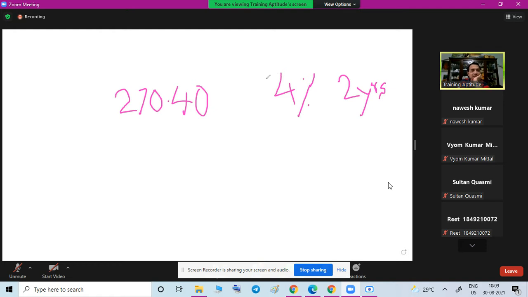Harshvardhan, 250 is correct. There is one way of solving this: amount is equal to principal times 1 plus R over 100.